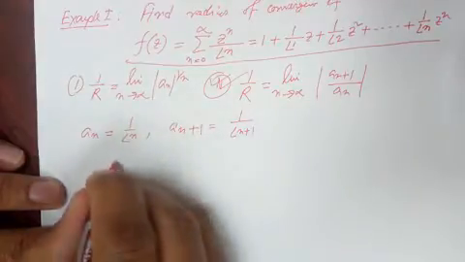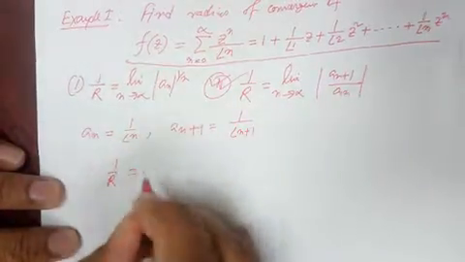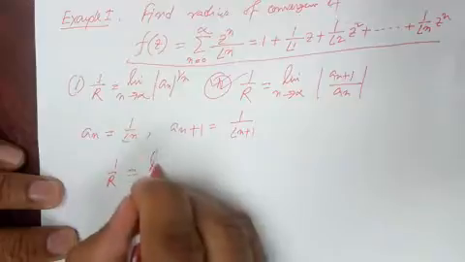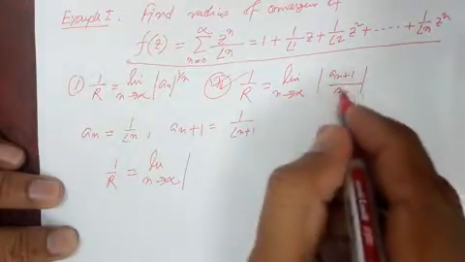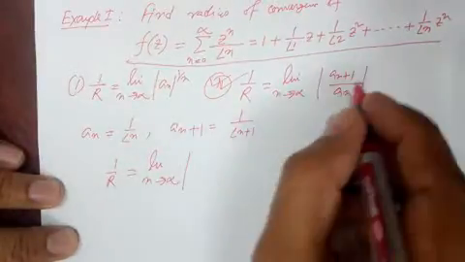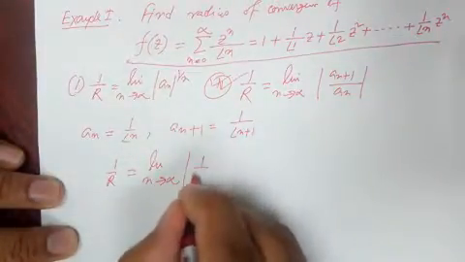and we insert here, then we find 1 over R equals the limit as n tends to infinity. We can put 1 over factorial (n plus 1) at first, multiplied by factorial n.